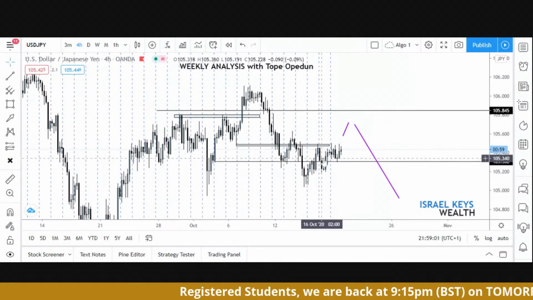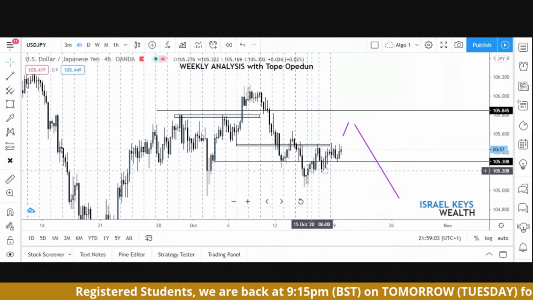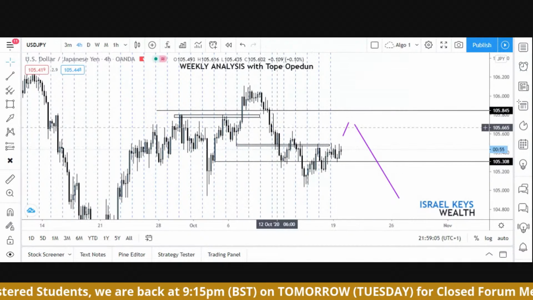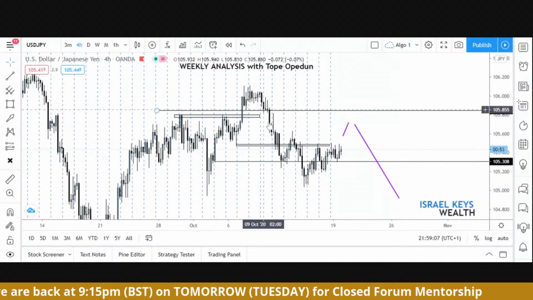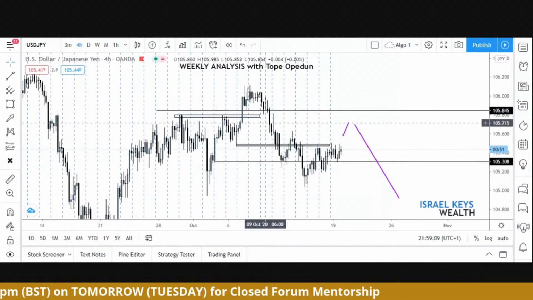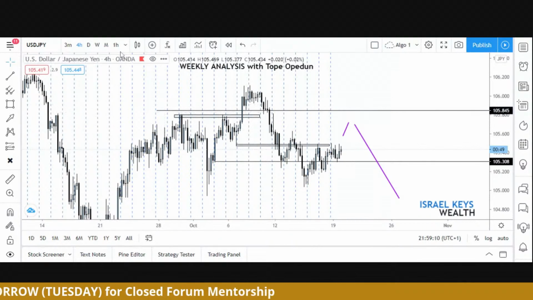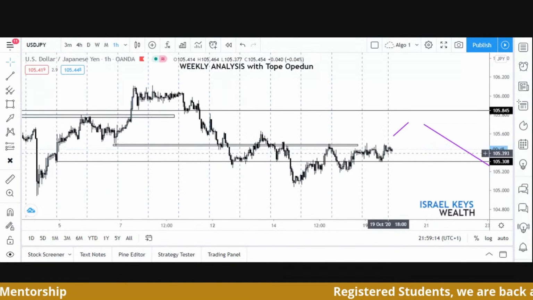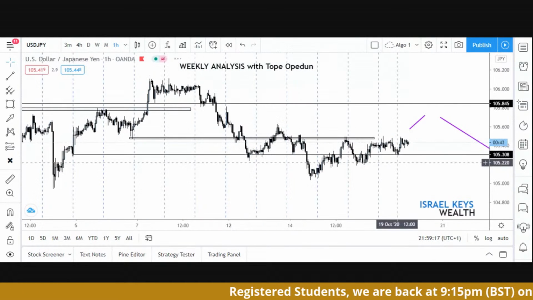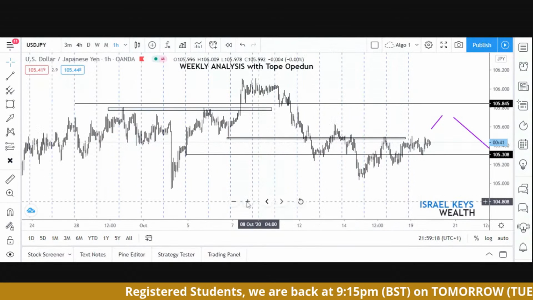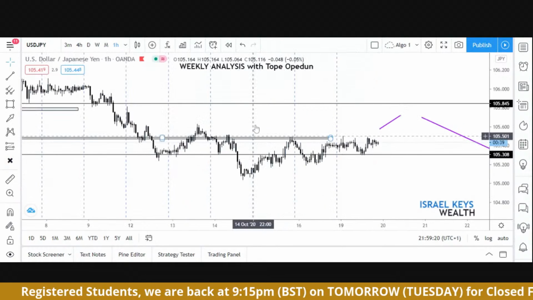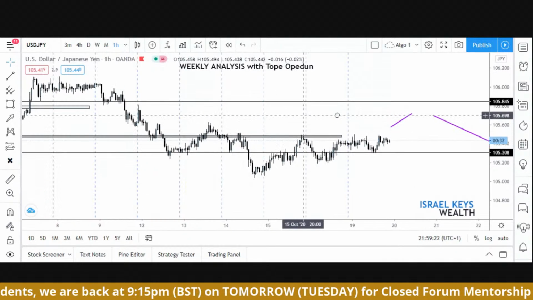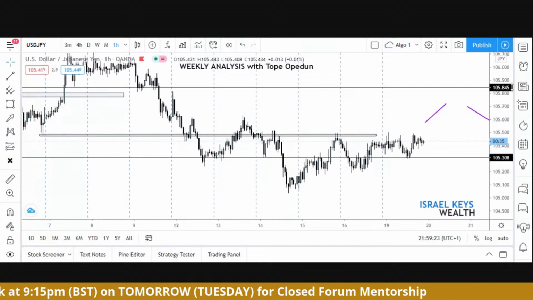They're struggling to do it, gradually grinding up into this region, this range. If we went on the H4, we should find some sort of area where we can trade. Okay, there we go.